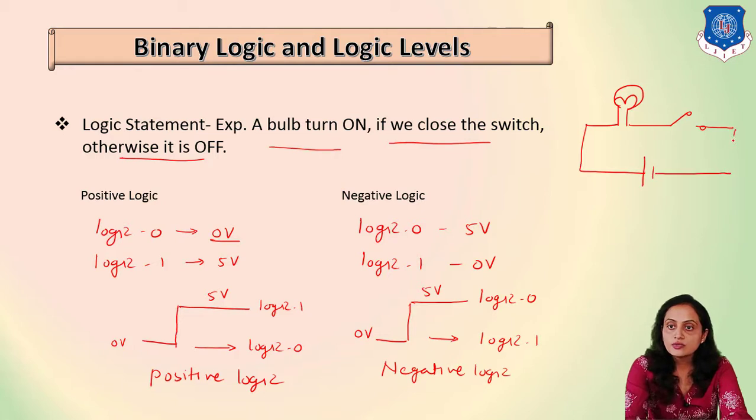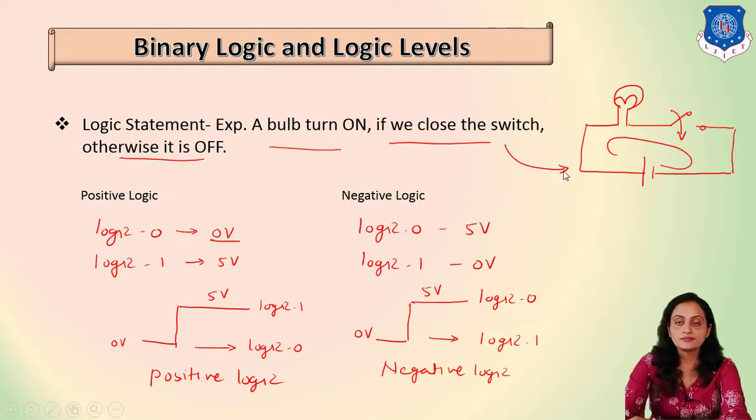It is connected to the battery. Now if this switch is closed, then only the path will get complete and the bulb is on. And if the switch is open, that is else, this bulb will be off. So this is the logic statement, and this logic statement is applied to this electronic circuit.